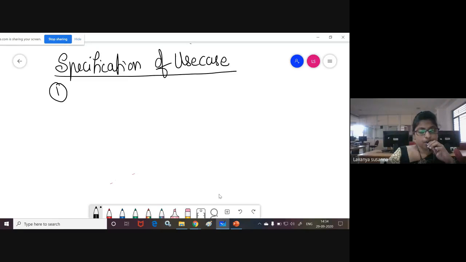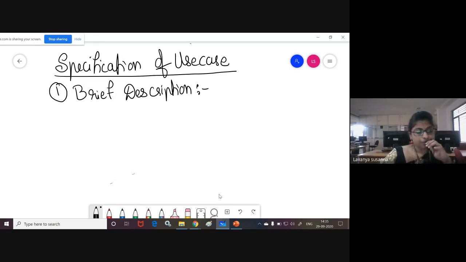The first point must be a brief description. Brief description is where you describe what the use case is doing. What is the functionality of the use case? You need to describe it in one or two sentences only, not in paragraphs. You should not write paragraphs.